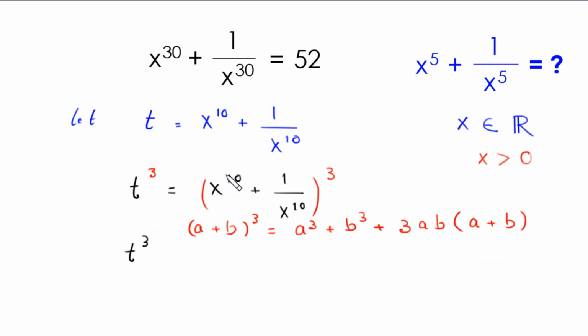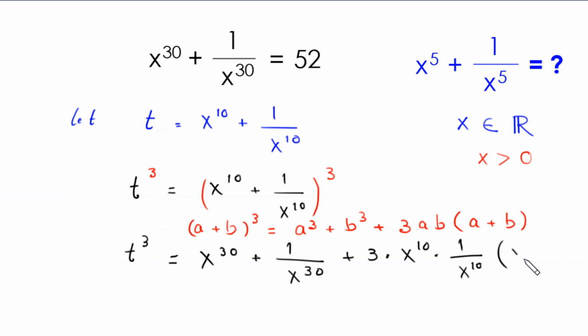this x to the power 10 plus 1 over x to the power 10 whole cubed will become x to the power 30 plus 1 over x to the power 30 plus 3 times x to the power 10 times 1 over x to the power 10 times x to the power 10 plus 1 over x to the power 10.